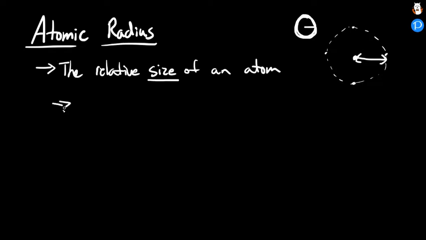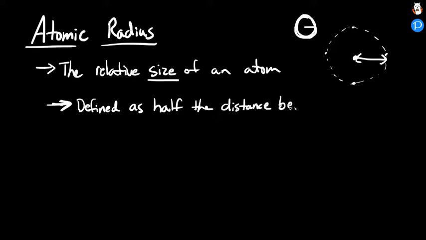The way that we define atomic radius is as half the distance between nuclei.